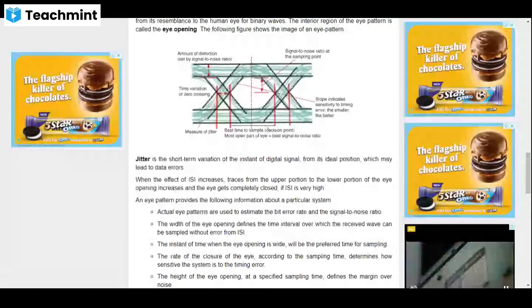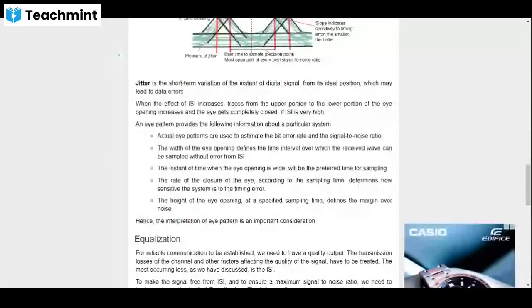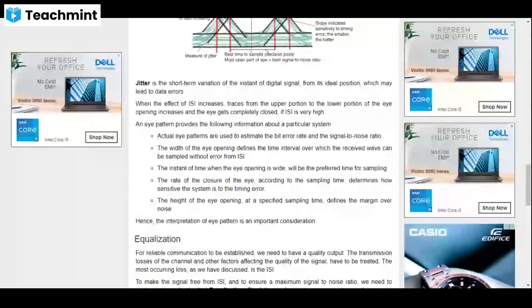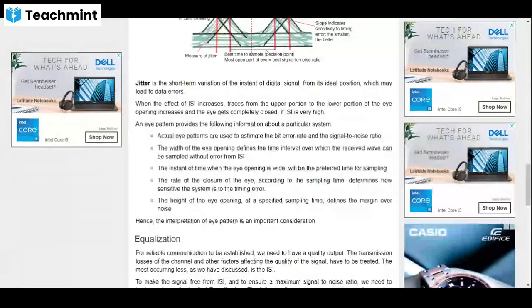This is important information that you should note. First, actual eye patterns are used to estimate the bit error rate and the signal to noise ratio. Second, the width of the eye opening defines the time interval over which the received wave can be sampled without error from the ISI.